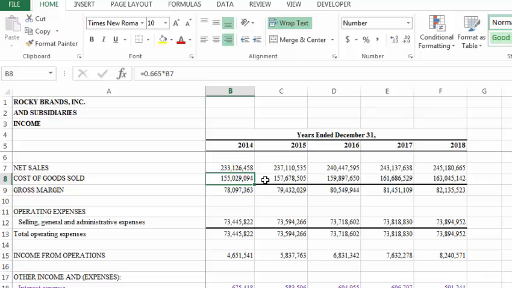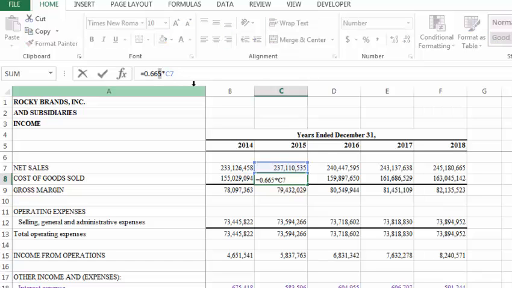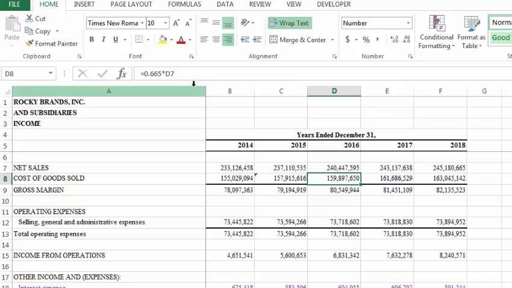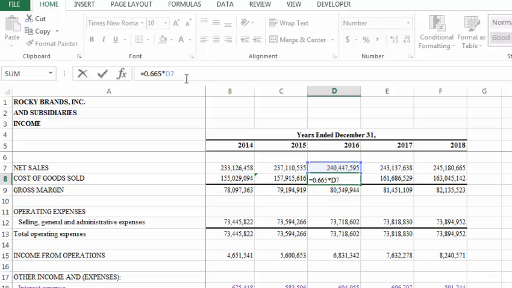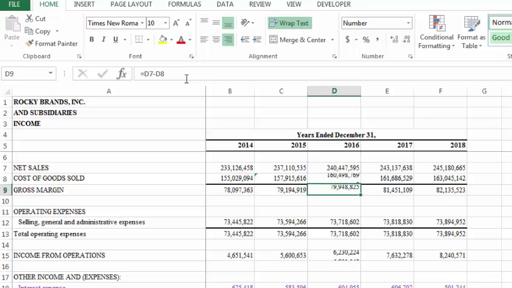So I'm going to come over here and say, okay, let's assume that's 66.5 and this one is 66.6 and this one is 66.7. Then 7.5, so it grew a little faster that year.